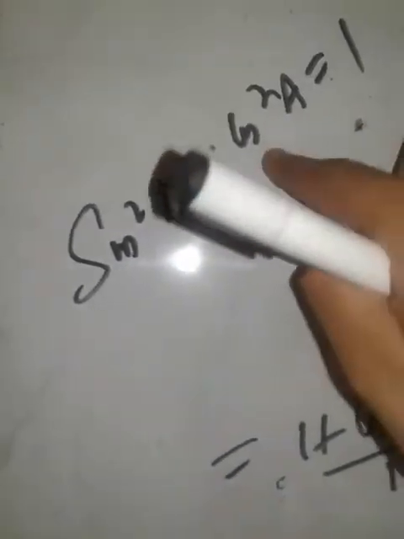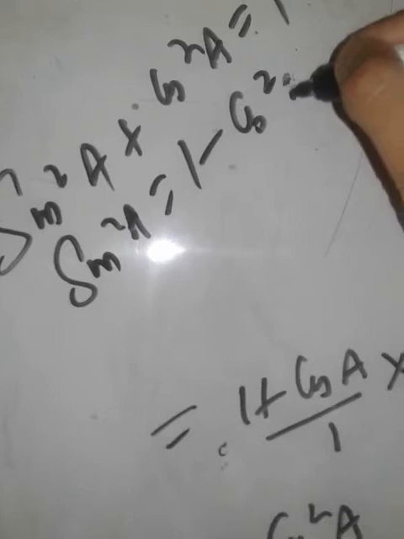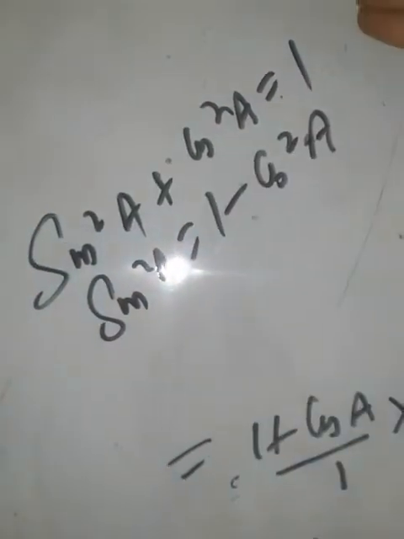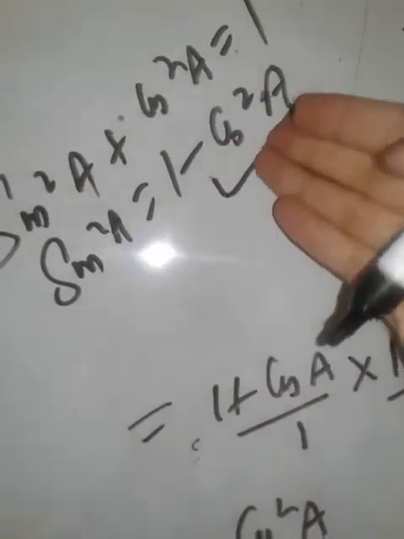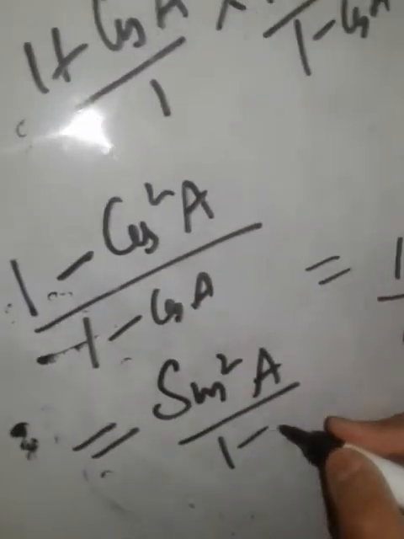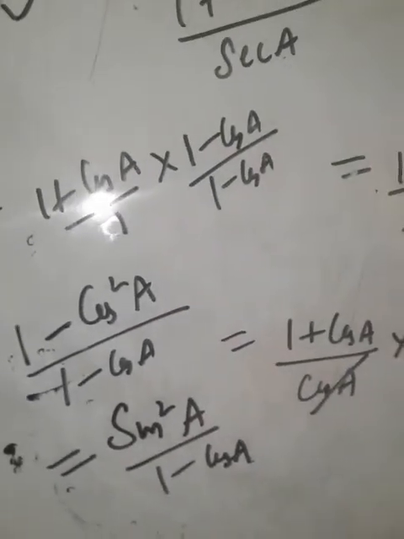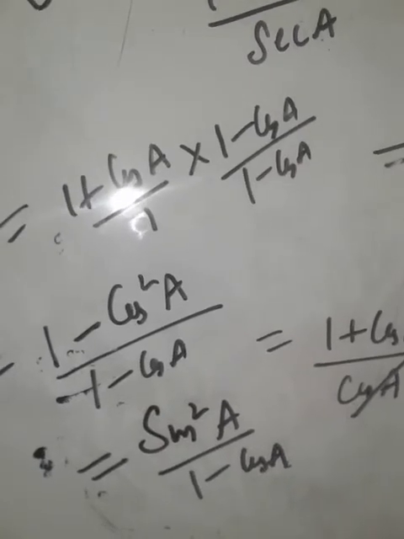So we can transfer cos square a to the other side, where it becomes minus cos square a: sine square a equals 1 minus cos square a. So 1 minus cos square a equals what? It is sine square a. This is sine square a divided by 1 minus cos a. This is the question, so we are done with this part. I hope you will understand it.